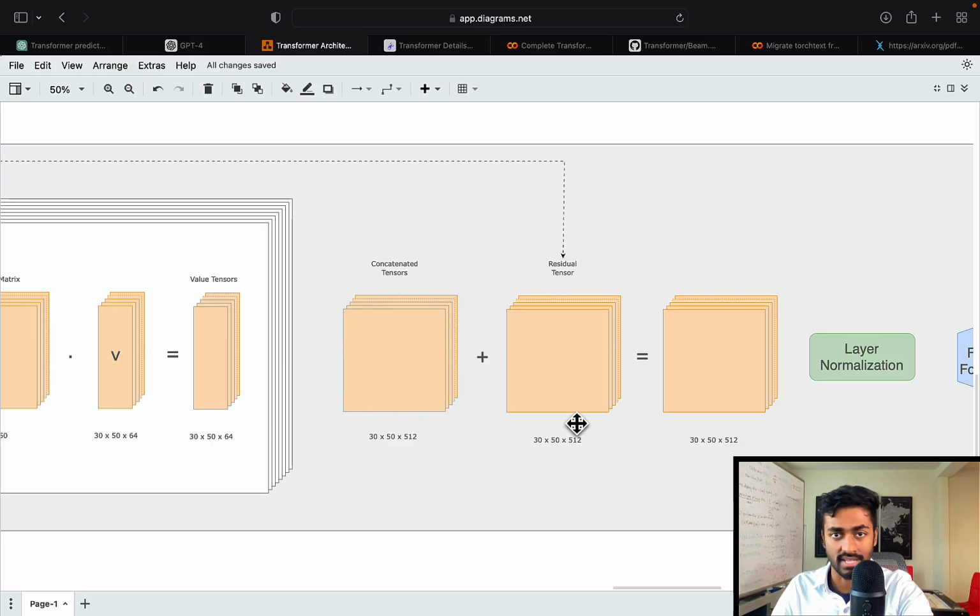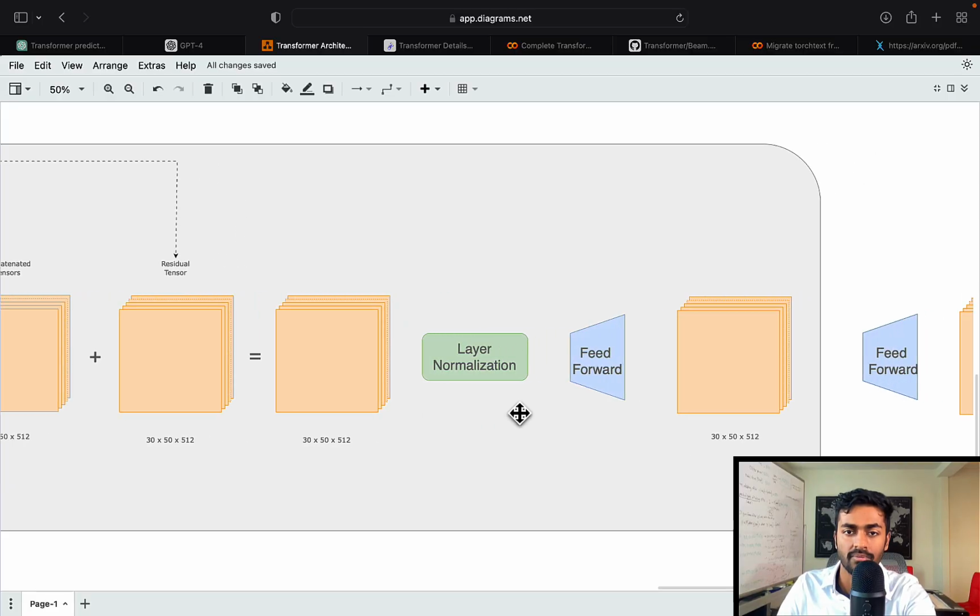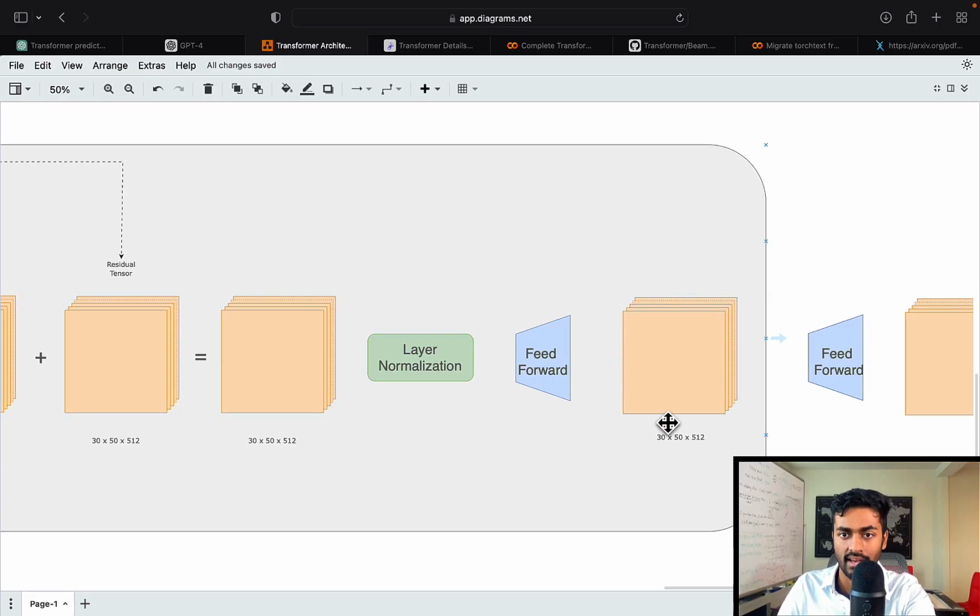We'll add a residual tensor to ensure that we have extra propagated information throughout the network, because it's a very deep network. And then after performing some layer normalization for stabilizing the values and gradients and a feed-forward layer, we will end up with a 512 dimensional vector that is very context-aware.